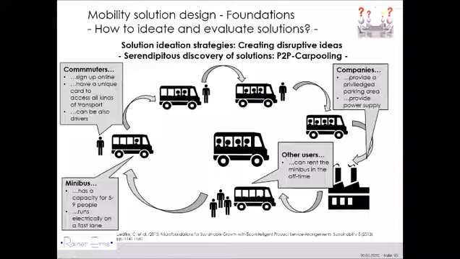This hasn't been introduced yet. It's a paper idea, but this could also be grouped as a disruptive idea by means of serendipitous discovery of solutions and a peer-to-peer carpooling idea.